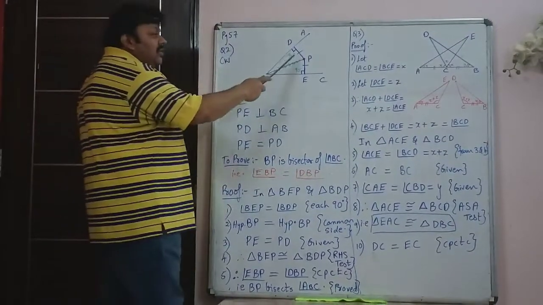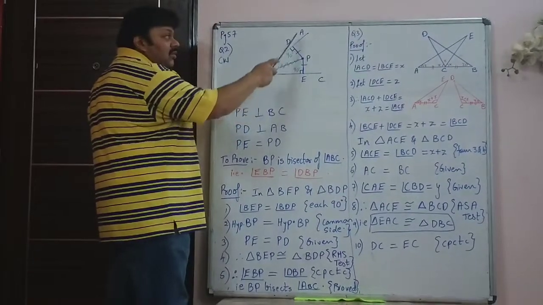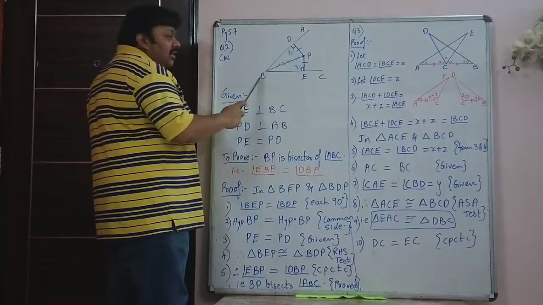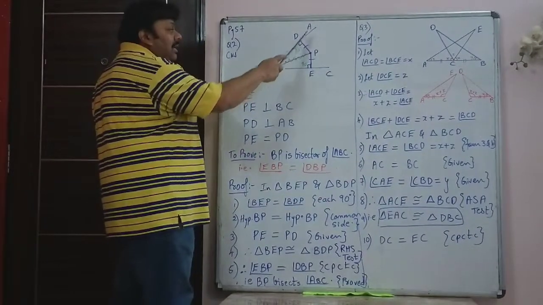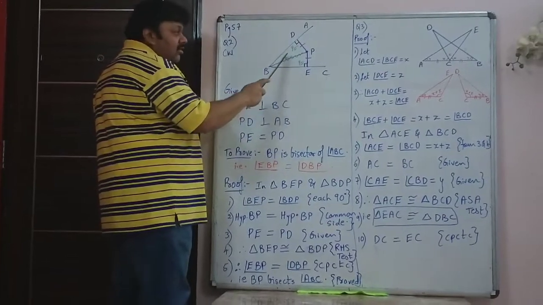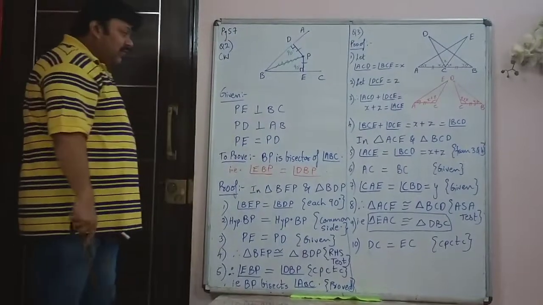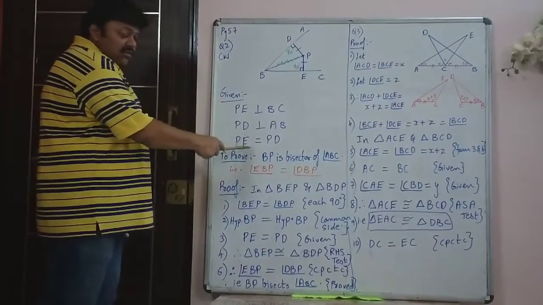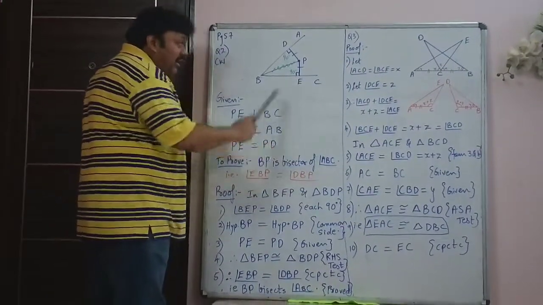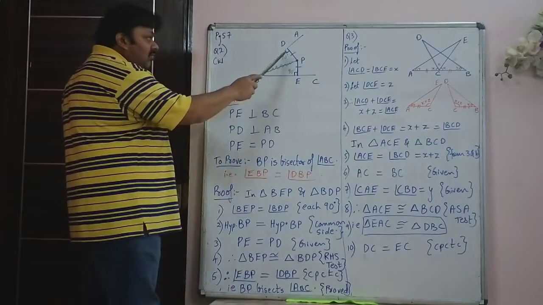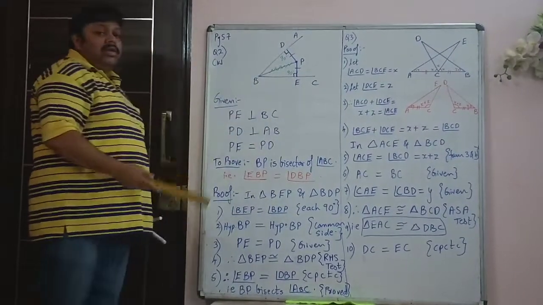Now because angle DBP and EBP are equal, that means angle ABP and CBP are equal because they are one and the same. Therefore BP bisects the angle ABC into 2 equal angles. So that is the proof. The steps of the proof are given. Whatever is given is mentioned. What is to be proved? If you don't know what BP bisects angle ABC means, it means you have to prove that EBP and DBP are equal.